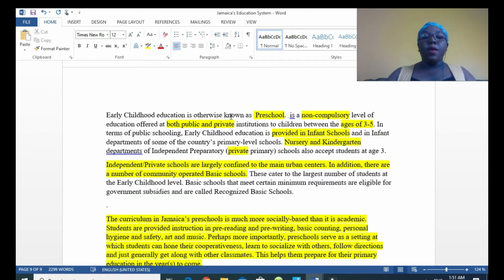So for me, when I was doing this assignment, I always spoke about what it is, the age group that they cater to, which institutions offer this level of education, and then I speak further into the curriculum. So I created that structure for my paragraphs for this particular assignment.